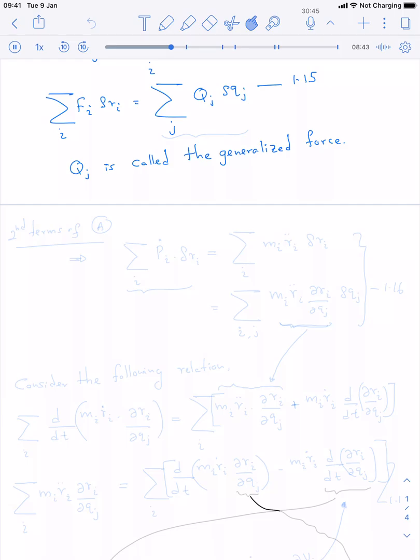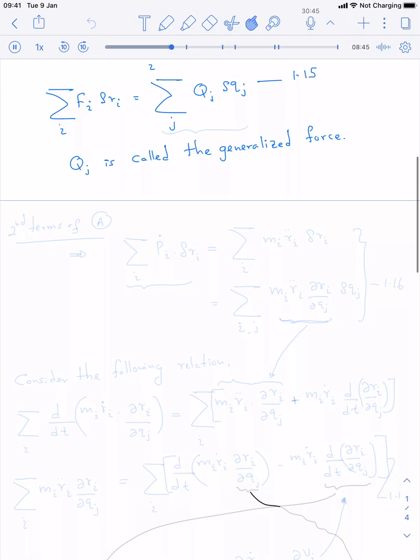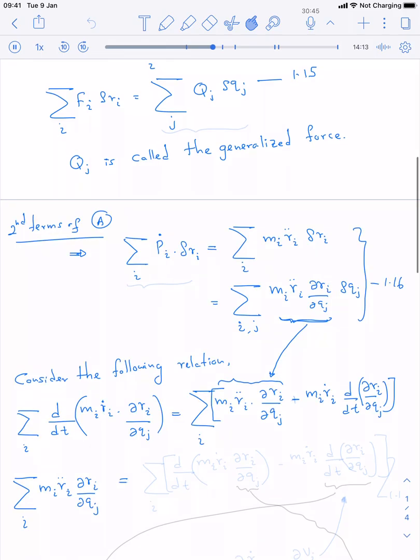So that is the first term in the D'Alembert's principle, Fi times delta Ri. Now let me take the other term, Pi dot times delta Ri, and see what it is equal to.